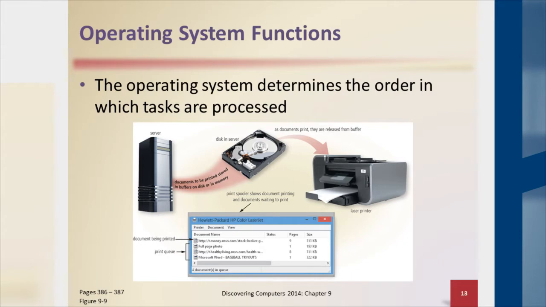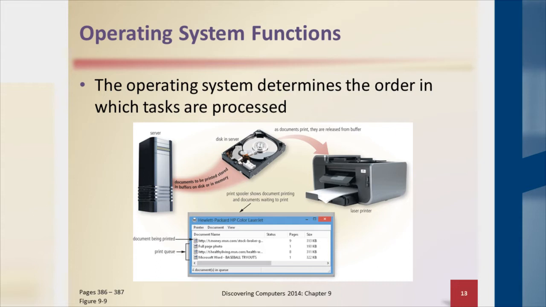Another function that the operating system does is to manage the tasks that our system has before it. As a user, we start various things, and it's the operating system's job to keep track of all those tasks and place priorities on those tasks. You can relate it to when you send multiple print jobs to a printer.